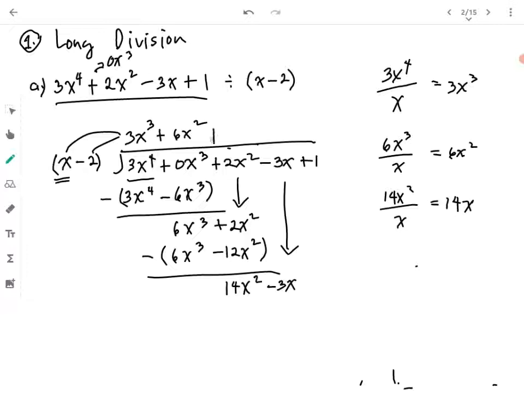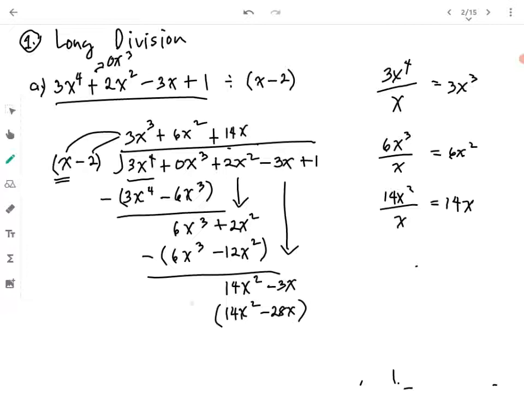So we'll write 14x. Then we simply distribute again: 14x times x gives us 14x squared, and 14x times negative 2 gives us negative 28x.